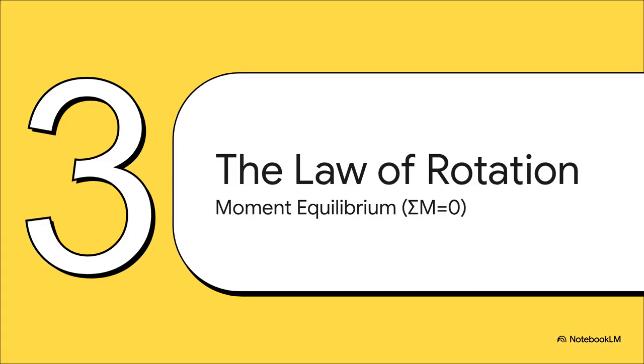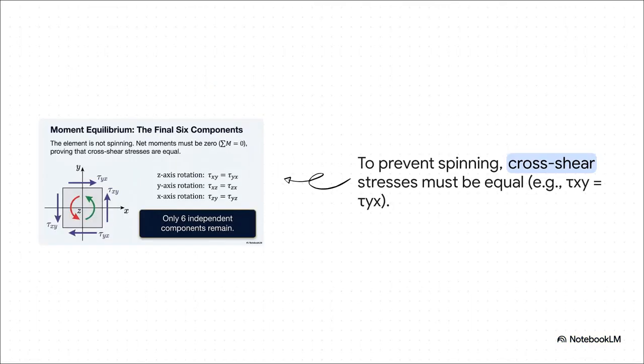Okay, cutting it down to 9 is a huge step. But guess what? We can do even better. Because our little cube isn't just sitting still, it's also not spinning wildly in place, right? This means all the twisting forces, what we call moments, also have to cancel each other out. And this leads to a really cool consequence. It means the shear stress on, say, the top face that's pushing to the right must be equal to the shear stress on the right face that's pushing up.